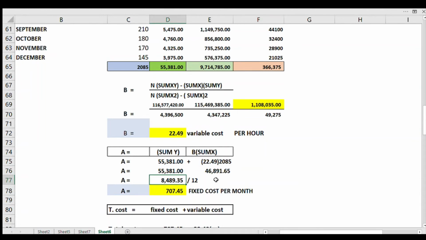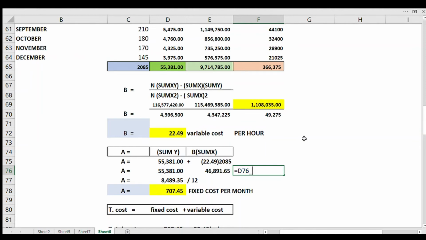Then, since this is based on the 12 months, yun yung tinatawag na number of observation. Actually, sorry, hindi natin i-add, ililess natin siya.